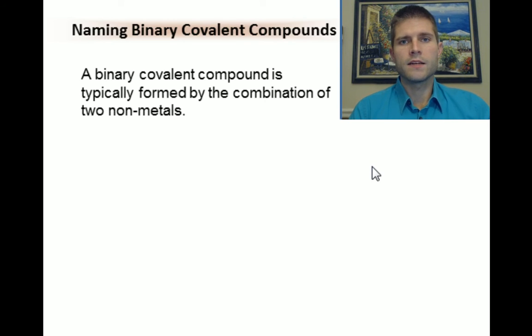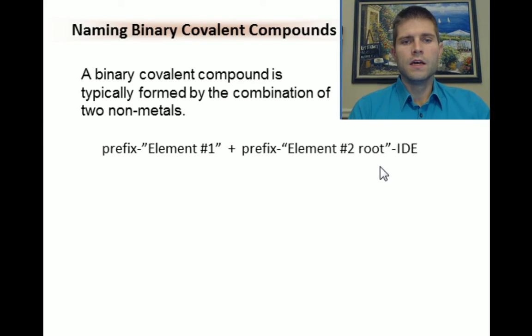Just like we did with the ionically bonded systems, we're going to first talk about the binary covalently bonded systems. What that means is we're going to take two different elements and have them interact with each other in this covalently bonded system. Unlike the ions, where we don't change the name of the cation and we modify the name of the anion, there is no cation or anion present in a covalently bonded system.